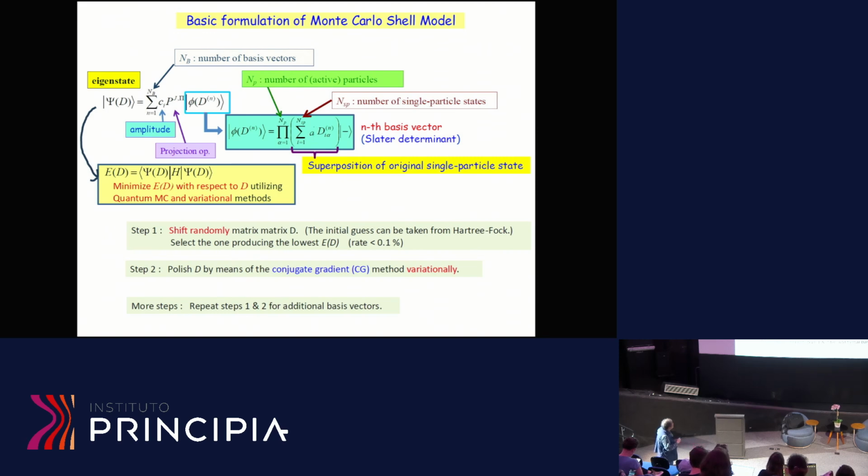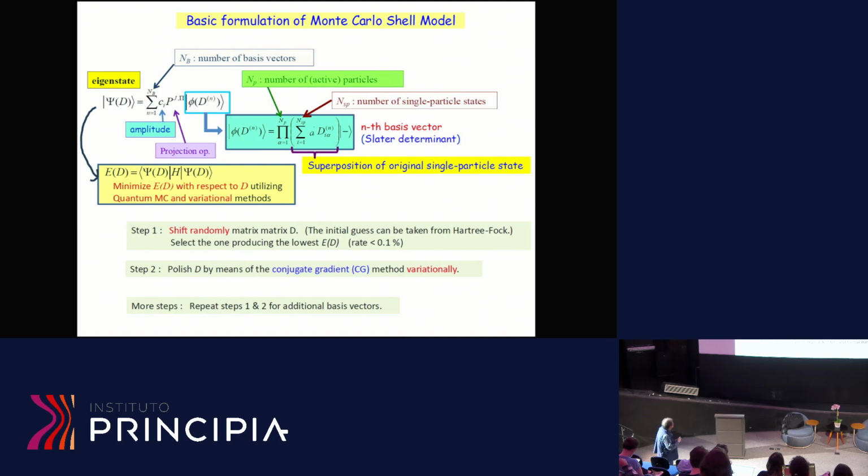So it's a combination of stochastic sampling, finding some good guess for the optimized D, but this D is not fully optimized, then you make it really optimal by this kind of variational method.